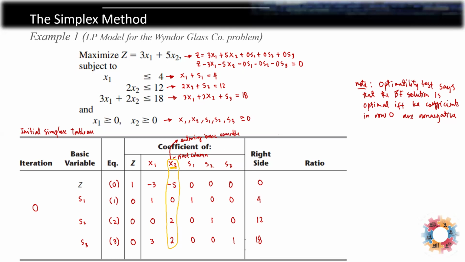After that, we're going to determine next the pivot row, because the pivot row will also determine the leaving basic variable, the variable that we will replace by the entering basic variable. And how do we determine the pivot row? We determine the pivot row by using the minimum ratio test.